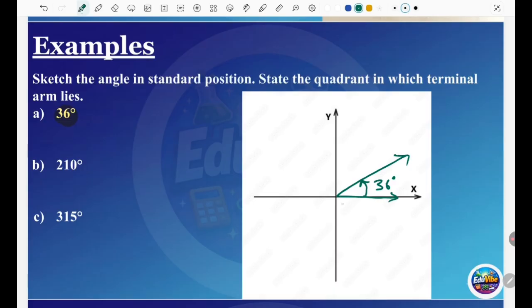This is your terminal arm, this is your initial arm, and you can see your 36 degrees. And this is our quadrant 1.